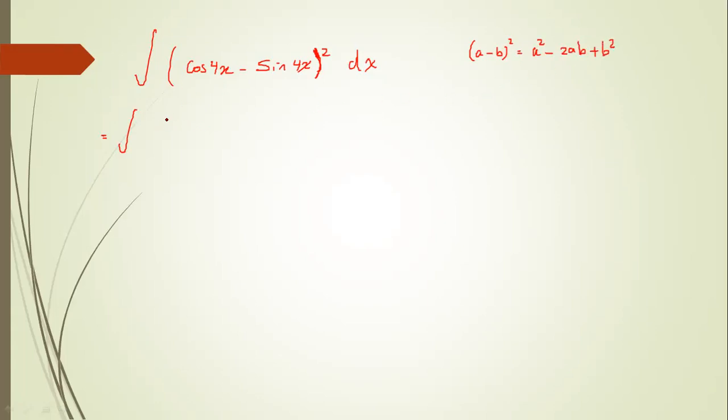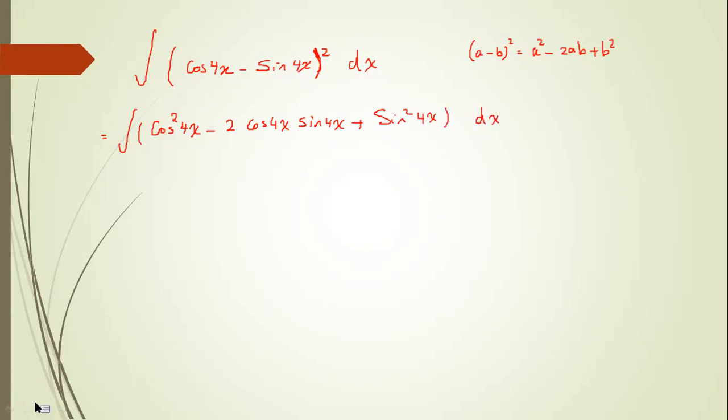That means we square the first term: cosine squared 4x, minus 2 multiplied by the first times the second, 2 cosine 4x sine 4x, and square the last term, plus sine squared 4x, dx.